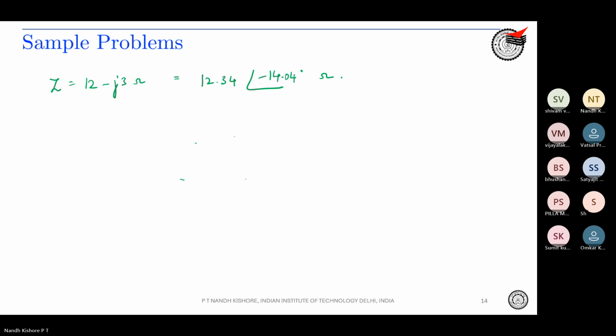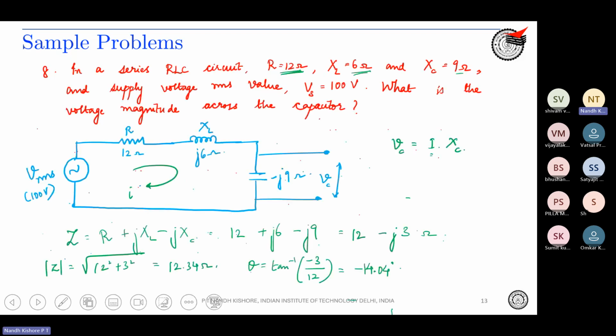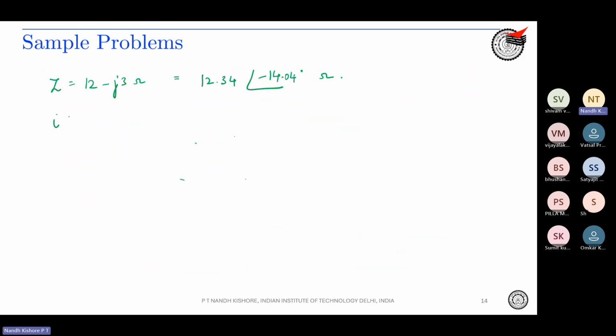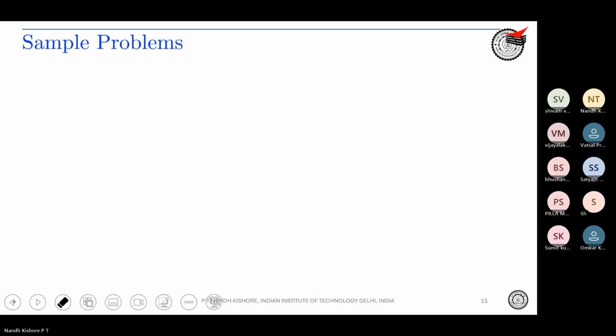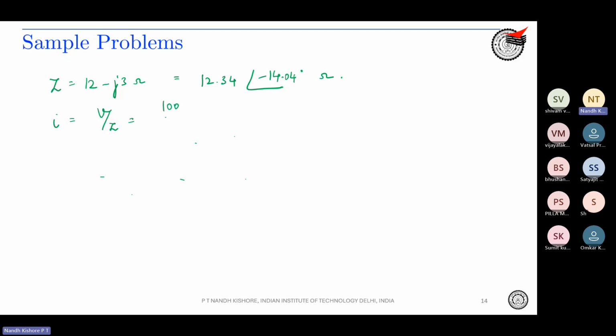All right. So now that I know what is equivalent Z, I can find out the current. So the current is going to be V by Z, which is 200, is what they have given us. Okay, 100, right? 100 volts RMS divided by 12.34 angle minus 14.04.